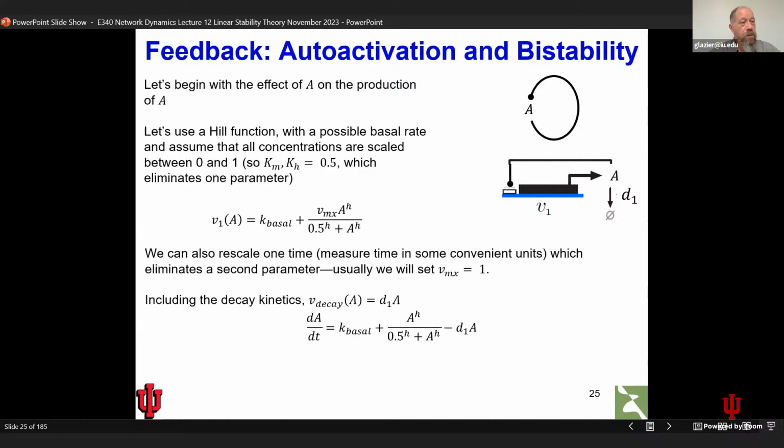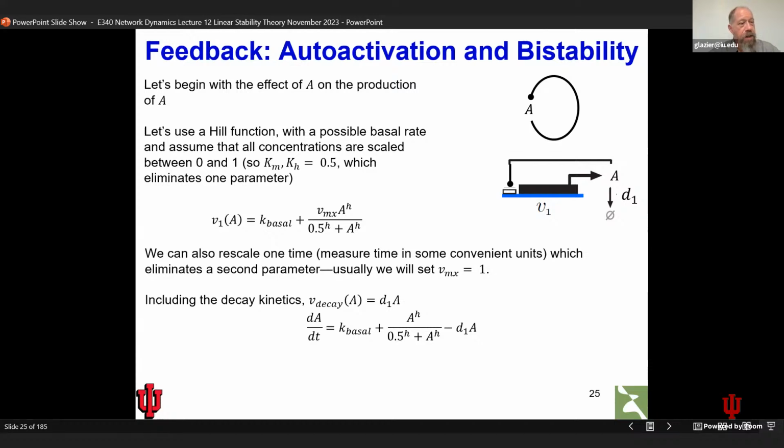And so now we're going to write a Hill function for the rate of production of A as a function of the concentration of A. And I'm going to scale my Hill function by a half so that the value of A is typically between 0 and 1.